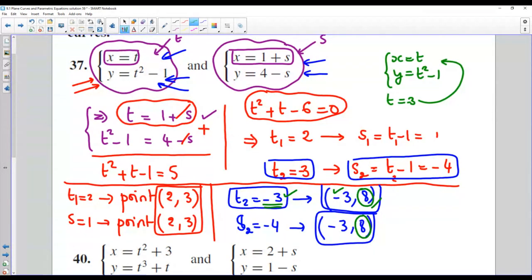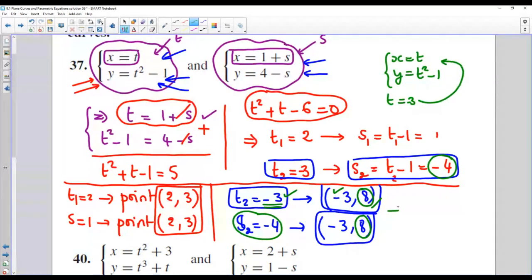And when t is minus 3, s is minus 4. So you can also check that when s is minus 4 and you substitute in the second set of equations, you will also get minus 3, 8.